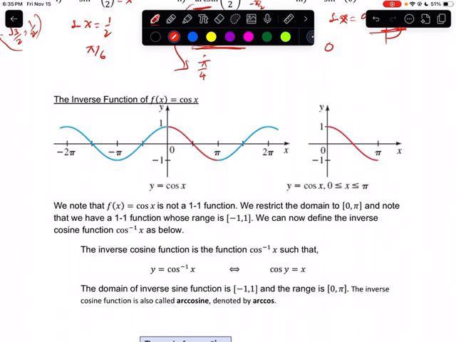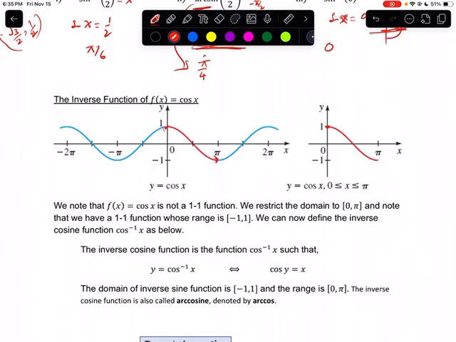So we now have to pick a piece from this wave so that it takes up all the range values and it is one-to-one. The piece is going to be from 0 to pi.